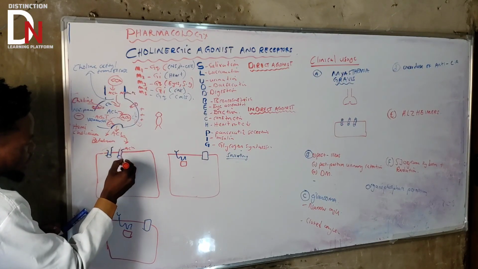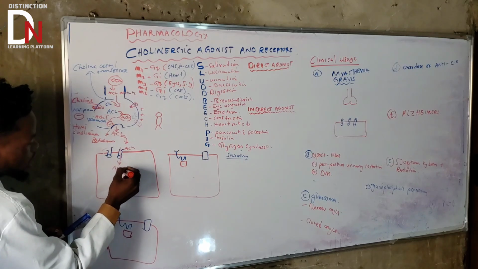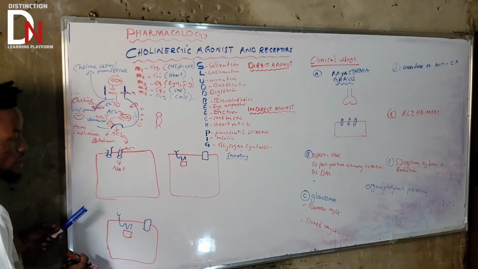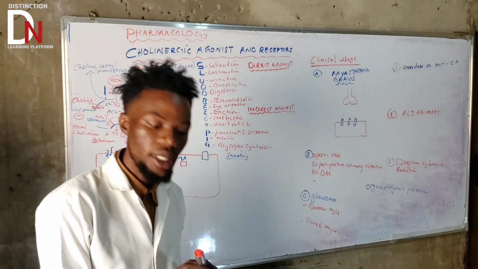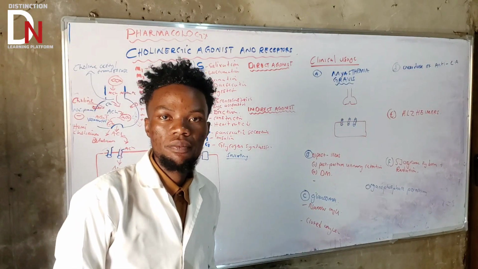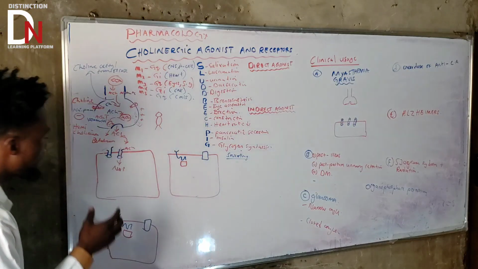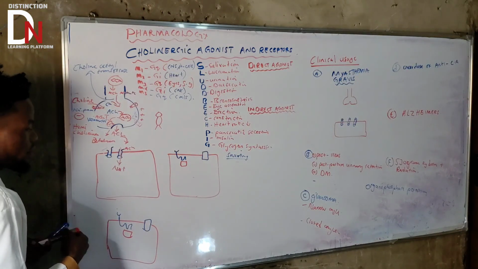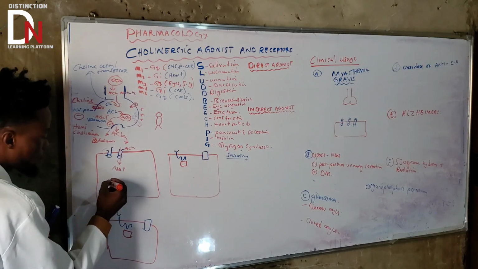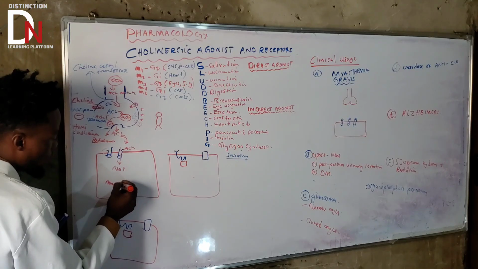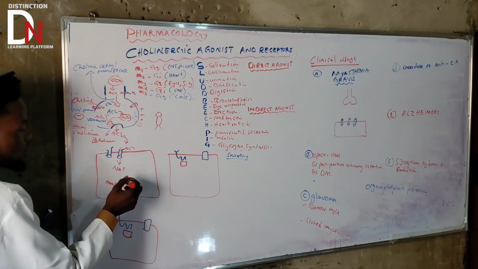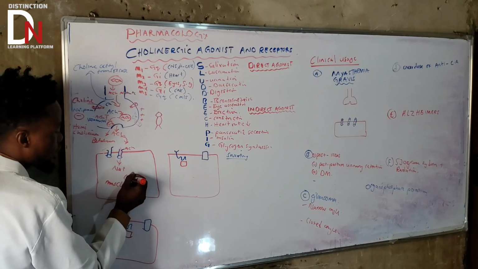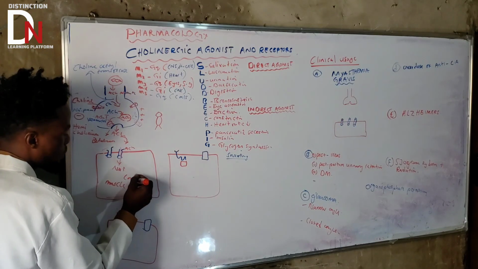Sodium will start rushing into this cell, and if sodium rushes into the cell, potassium will leave the cell. Then what's going to happen? If this is a muscle cell, basically a skeletal muscle, it will lead to muscle contraction.